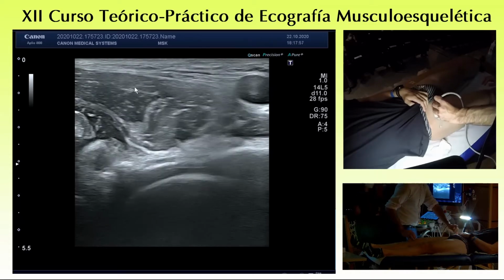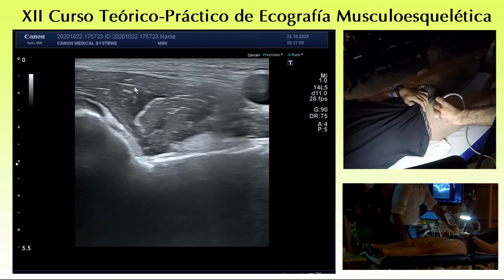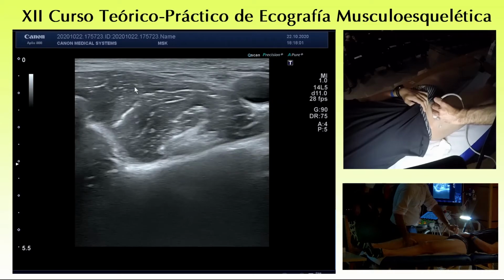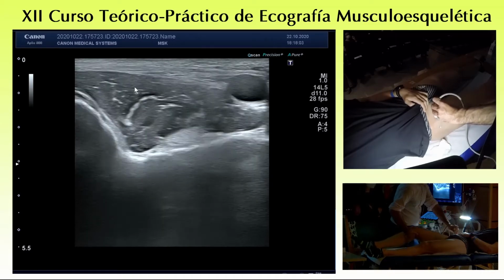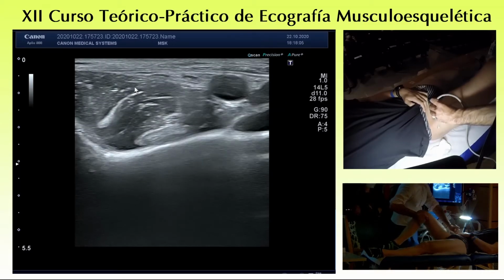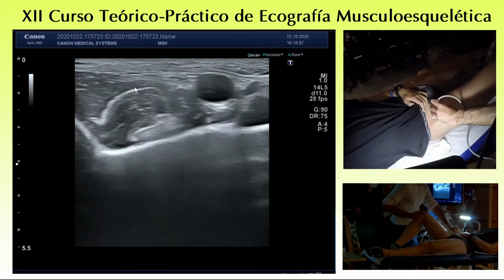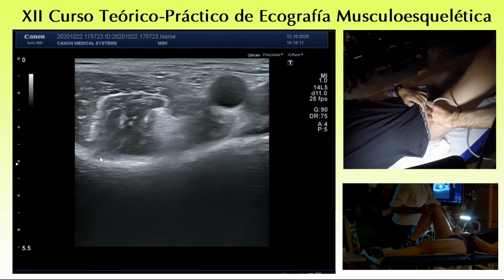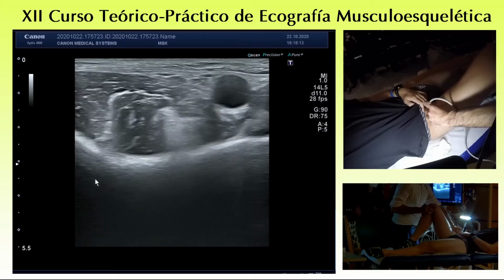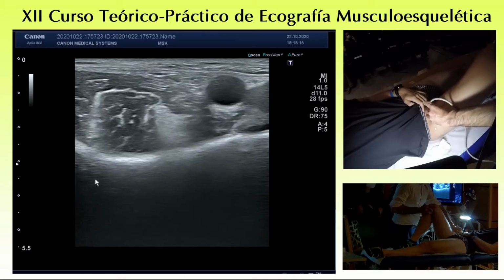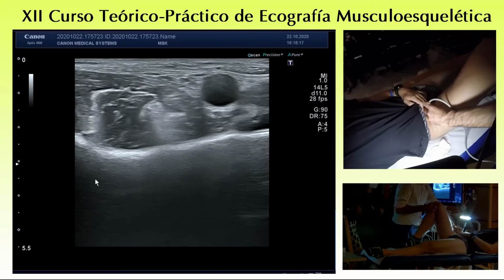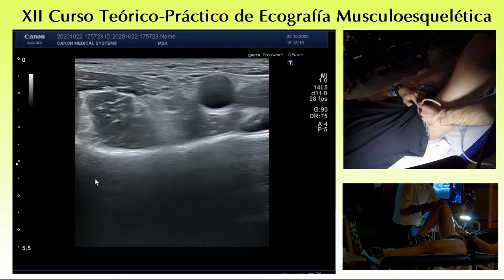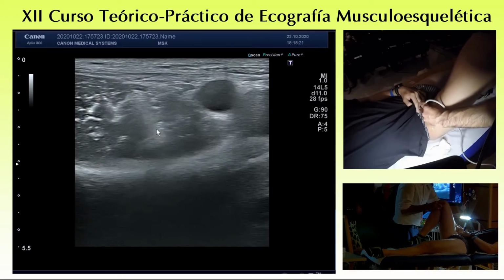Once you do that, you grab the leg and start to move. Exactly, thank you. Move up. You see? There is the psoas tendon. You pay attention to keep the psoas tendon hyperechogenic. Move up, go up.